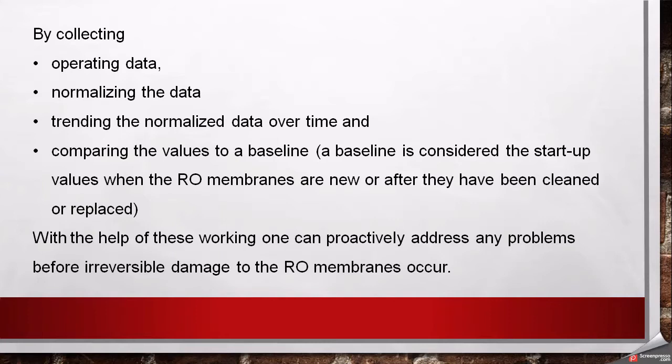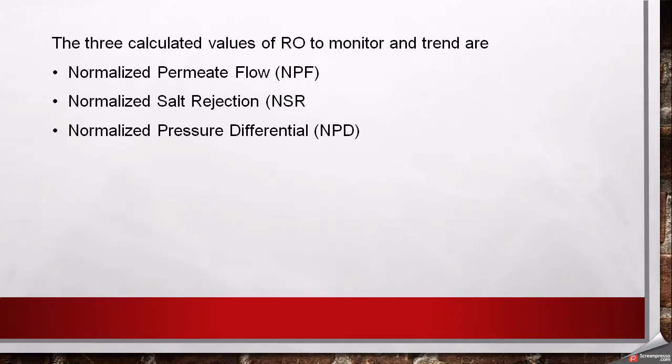This is our baseline, and after a certain period of time we compare these values with the normalized data, not straight away with raw data. With the help of this, one can proactively address any problems before irreversible damage to the RO membrane occurs. Otherwise we will face a severe problem if we do not normalize the data.